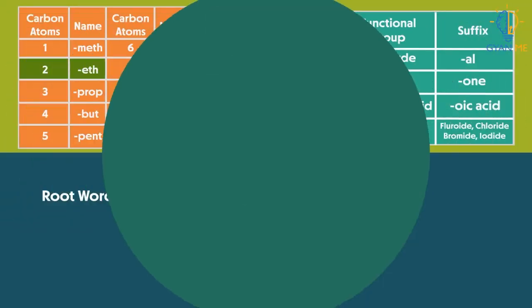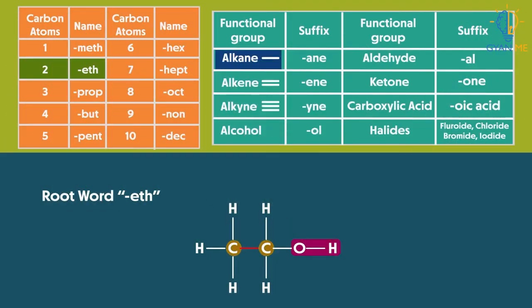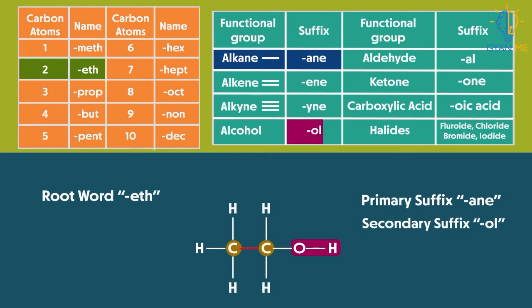So what will be here as per this rule? Correct. The primary one will be ane for alkane and secondary suffix will be -ol for the alcohol functional group. Therefore, as the last hydrogen here is displaced by OH group, that is alcohol group, the name of this compound will be ethanol.